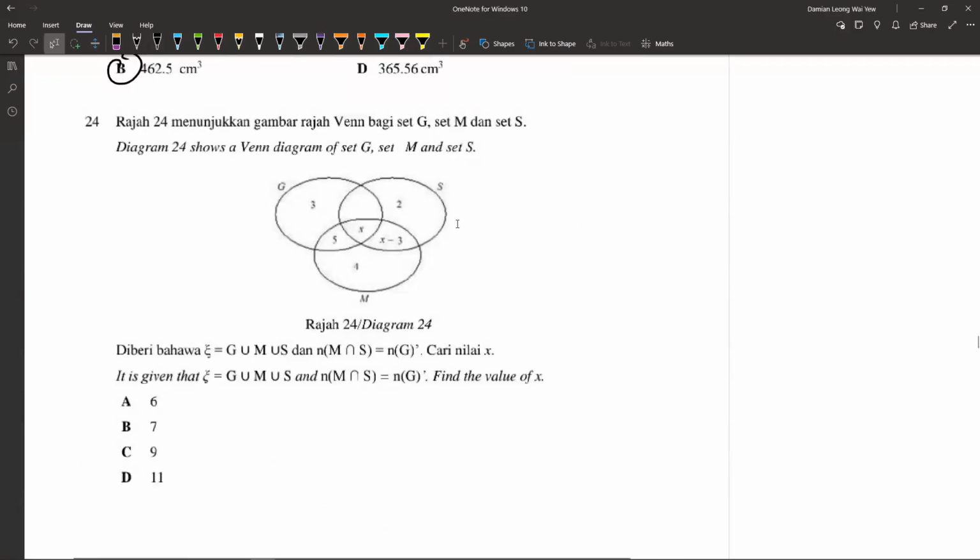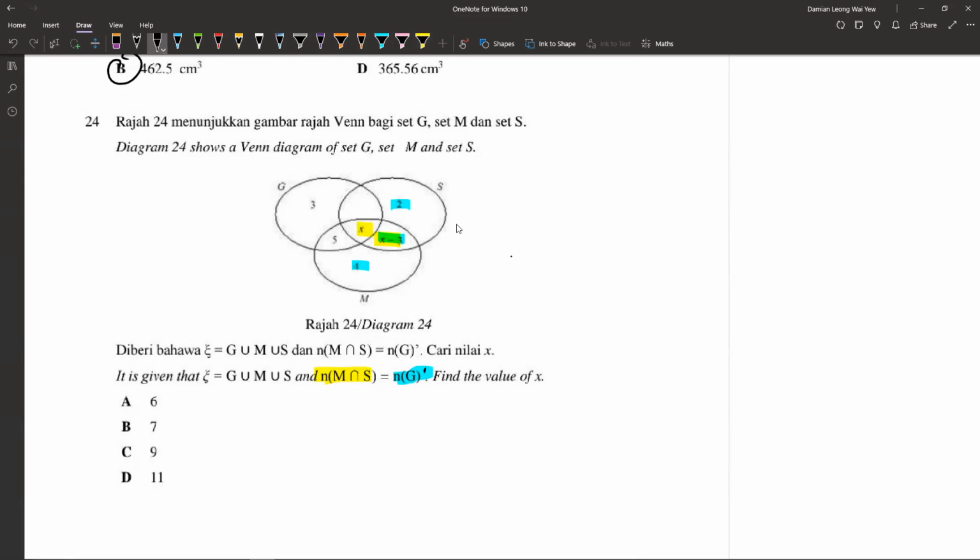Question 24 is given a universal set G, union M union S, n(M intersect S) equals n(G prime). There's a prime here, which means the complement of the set. The complement of set G means these three. M intersect S is these two.